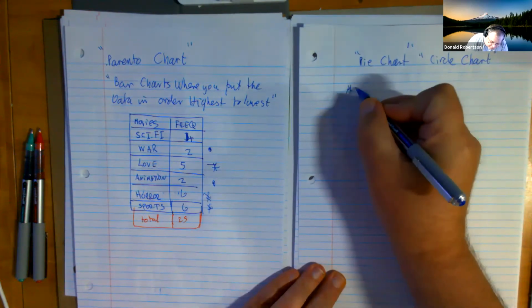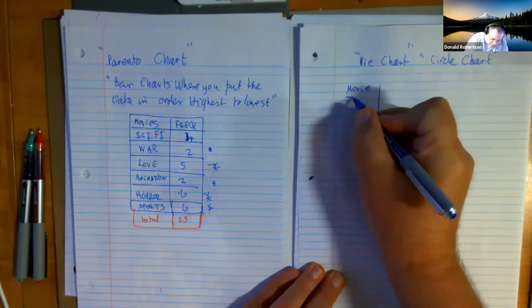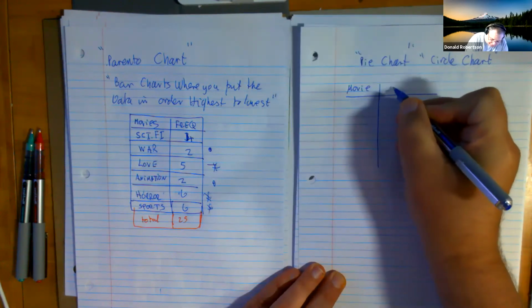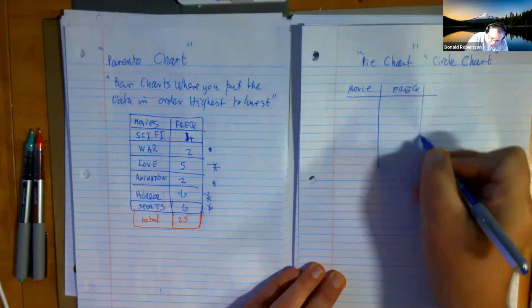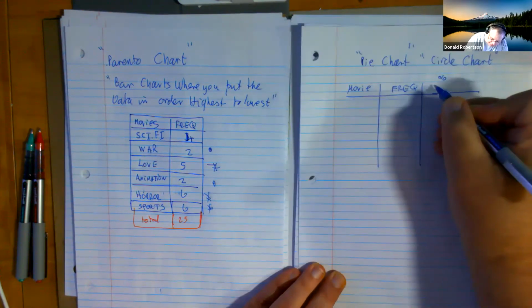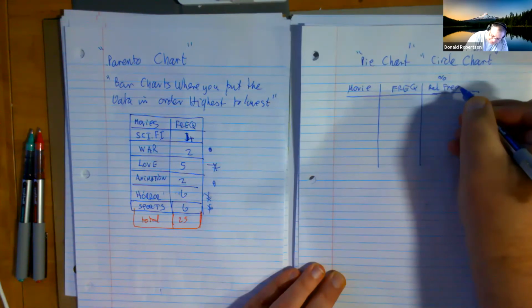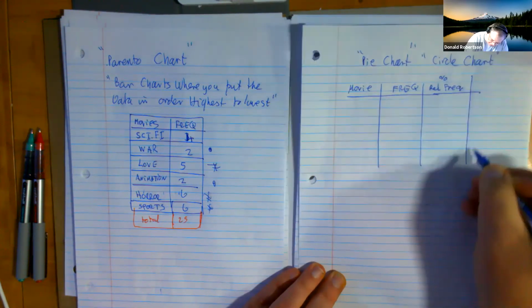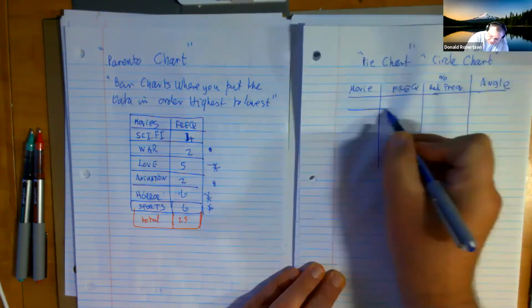So I've got the movie. We've got the frequency. We're going to calculate the percentage relative frequency. And then we're going to calculate the angle that you would use in your diagram.